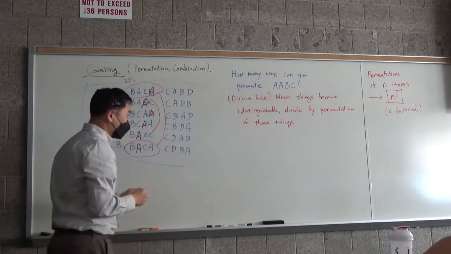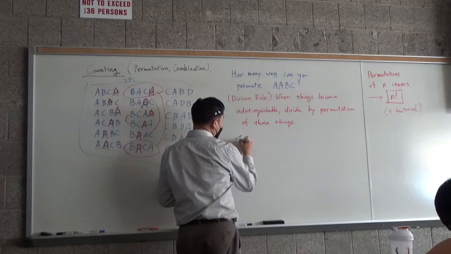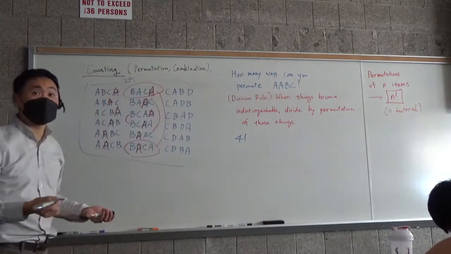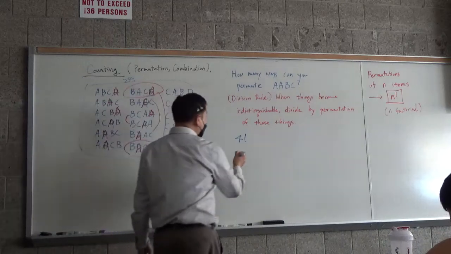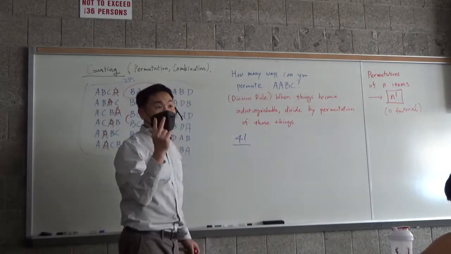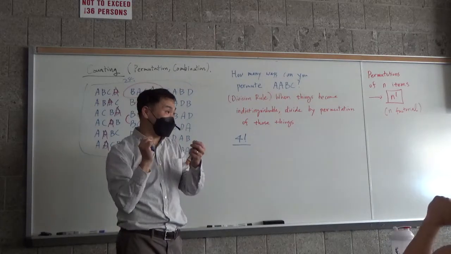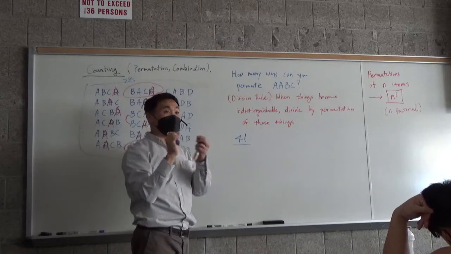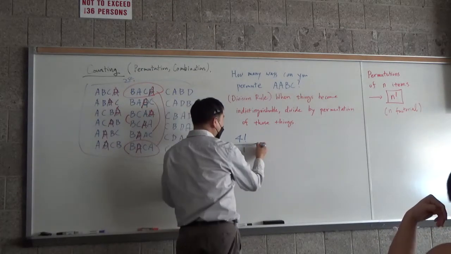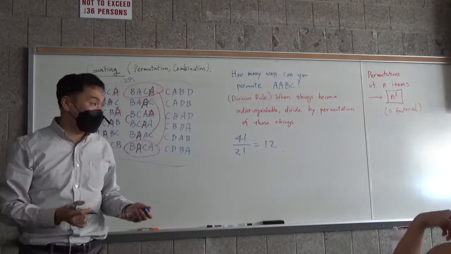And here what I'm trying to say is that if you had 4 different items, 4 factorial is how many ways you can permute them, which is 24, right? However, since 2 of them are identical, A and A, when you change places, they cannot be distinguished, right? So the permutation of 2 objects, which is 2 factorial, you divide by them. And that's really 12. So you end up with 12 possibilities.